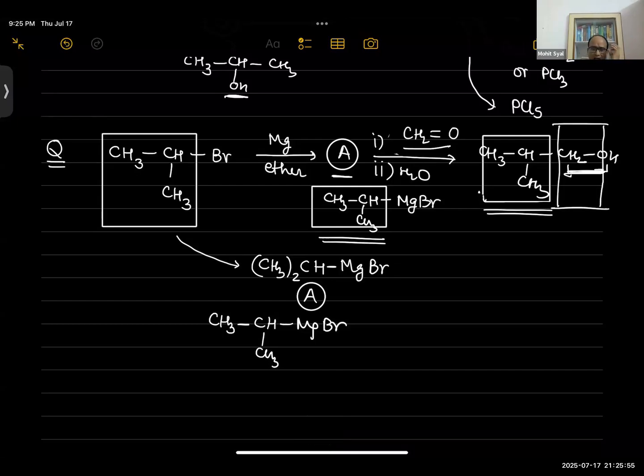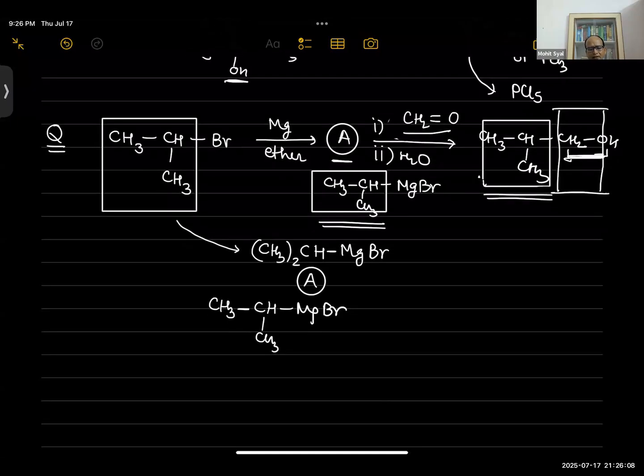There also I always tell my students to follow the simplest approach. Look for the reactant, look for the product, try to compare what extra thing we need to put in, and accordingly you can choose your reagent. Is it clear or not?